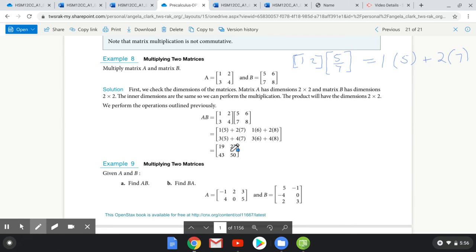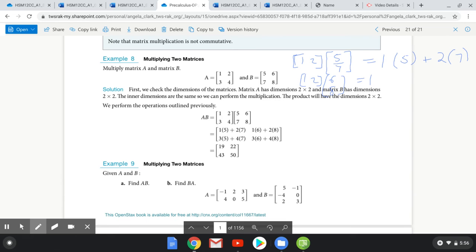Then to get our second element, we're still in the first row, so we're still going to use the first row of A, but this time times the second column of B. So first row of A times the second column of B. Sorry, it's covering the words there.